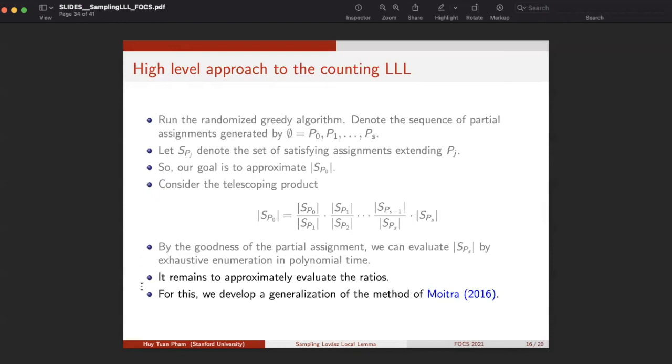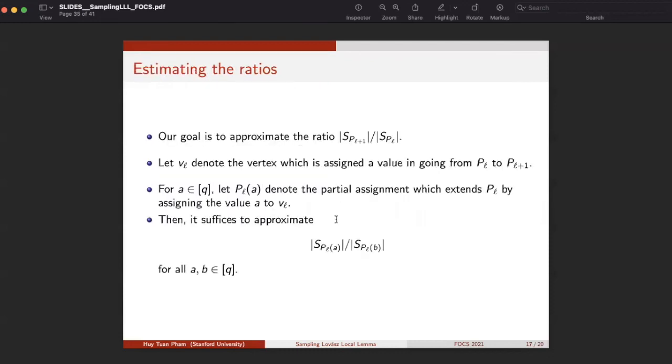And in order to complete the approximate counting algorithm, we need to be able to approximately evaluate the ratios S_PL over S_PL+1. So how do we do this? Let's call VL the vertex that is assigned a value when we go from the partial assignment PL to the assignment PL+1.